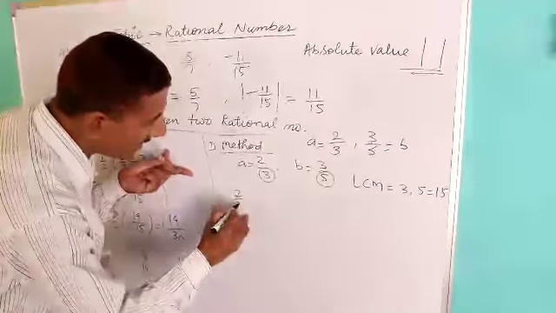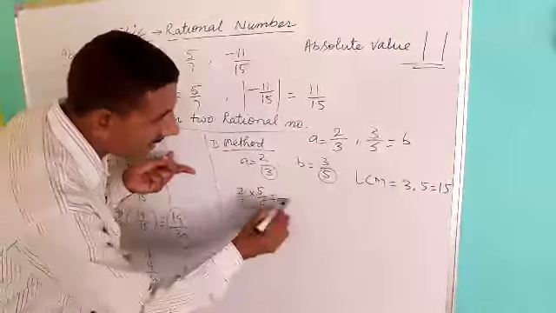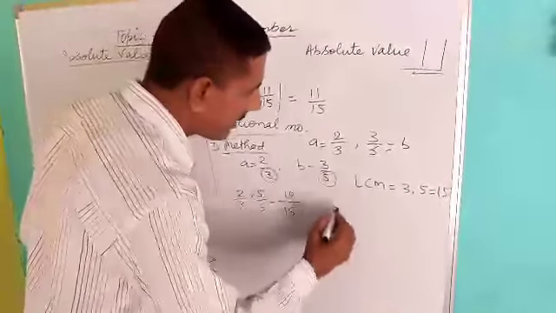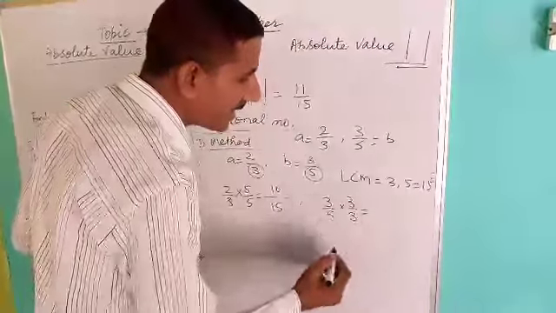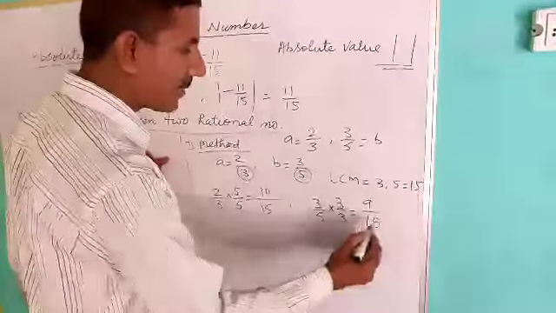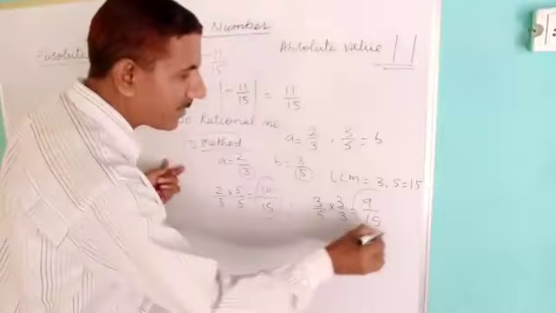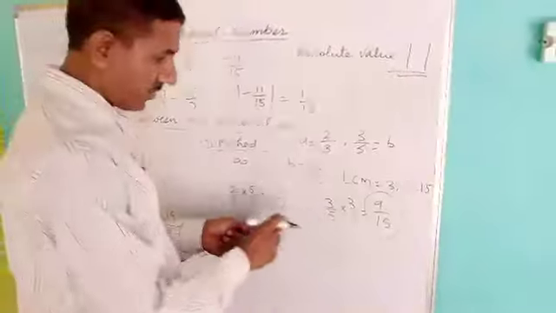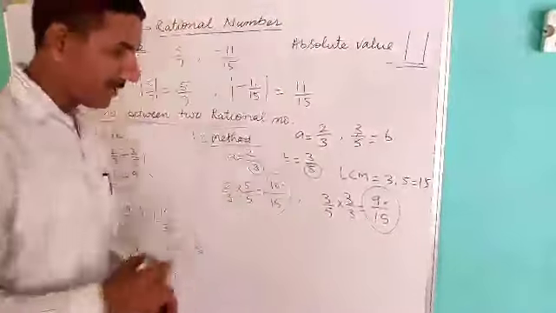So 2 by 3 multiplied by 5 to make the LCM 15, so 10 upon 15, and here 3 by 5 multiplied by 3 in numerator and denominator, you will get 3 3 is 9 and 5 3 is 15. In this case 10 by 15 and 9 by 15, there are two numbers and they differ only in 9 and 10, only one number.